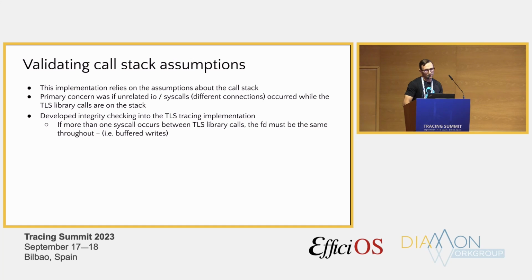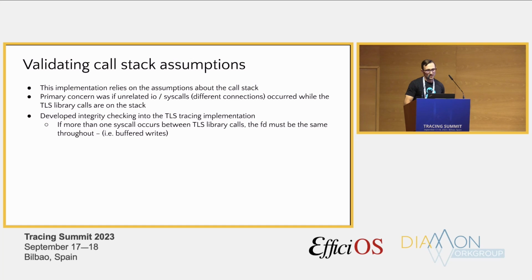Initially we viewed it as just an experiment, but it later turned into a core part of our TLS tracing implementation. Essentially, when a syscall occurs, we validate that if we had seen an FD before, it remains the same FD.